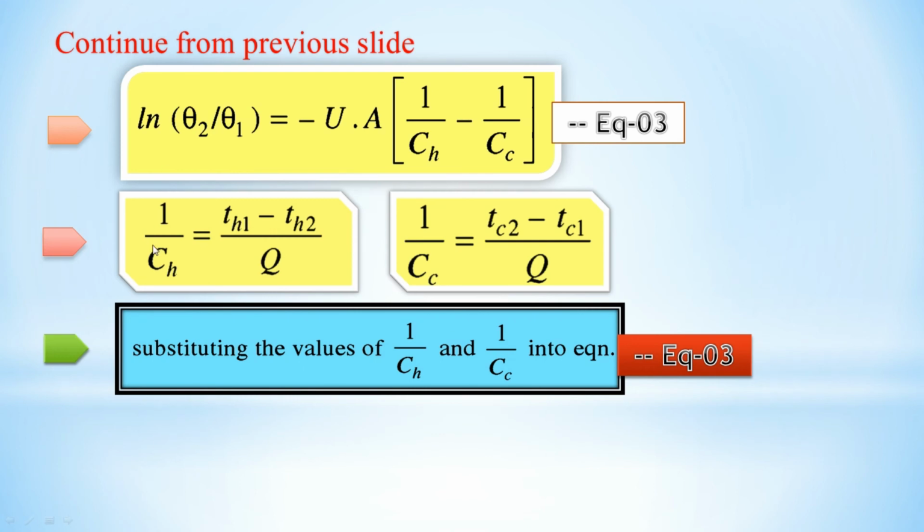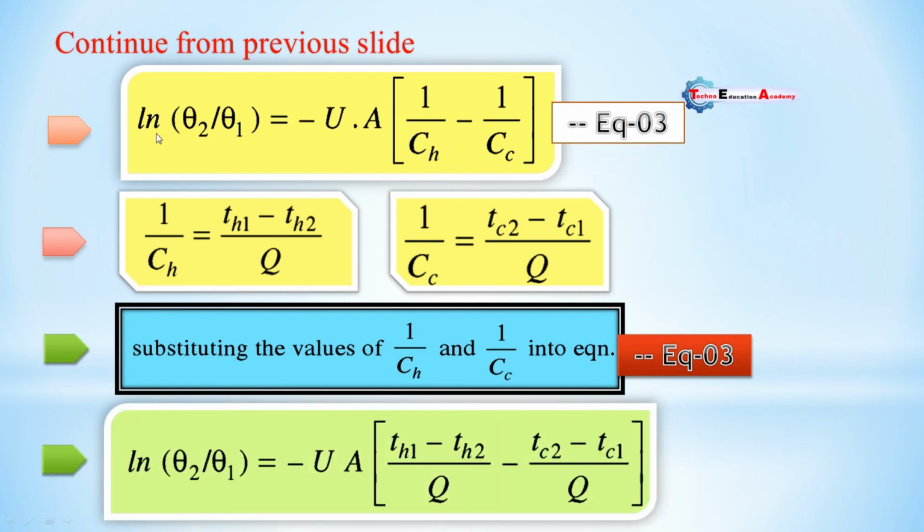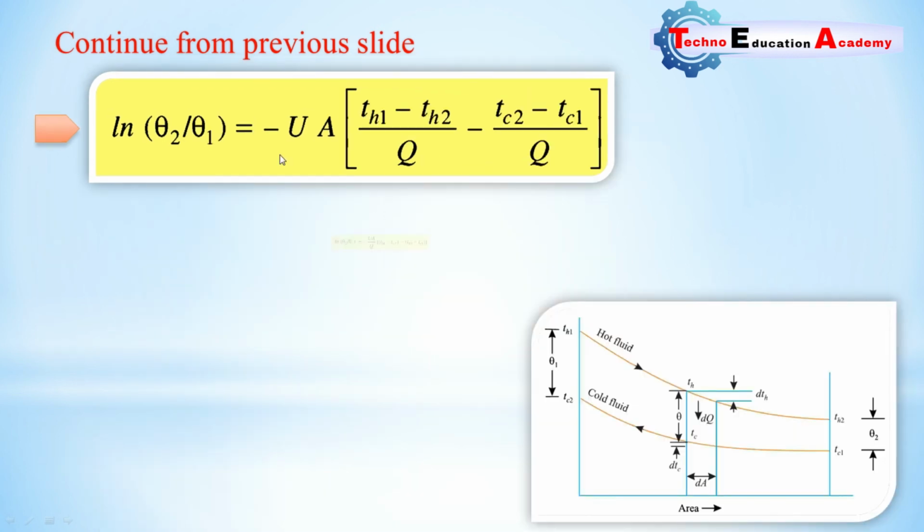Now we substitute the value of 1 upon Ch and 1 upon Cc in equation 3. So ln theta 2 by theta 1 equal to minus UA, 1 upon Ch equal to Th1 minus Th2 divided by Q, and 1 upon Cc equal to Tc2 minus Tc1 divided by Q. Further we simplify this equation.